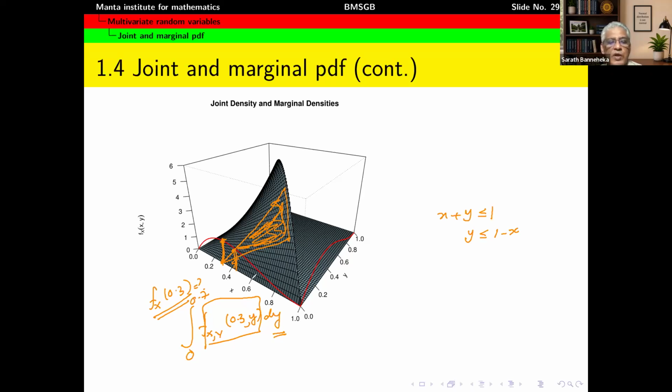Similarly, if you want to calculate the marginal distribution function at, say, 0.6, then you first think of cutting this surface vertically at x equal to 0.6. Then you will see a certain face from this side. If you look from this side, you will see a certain area.